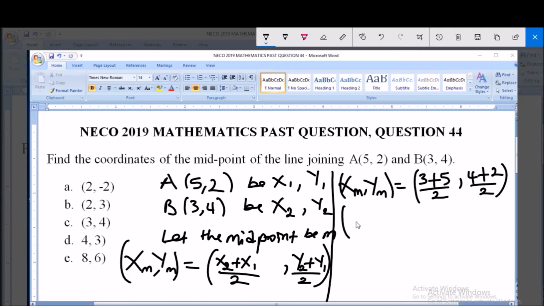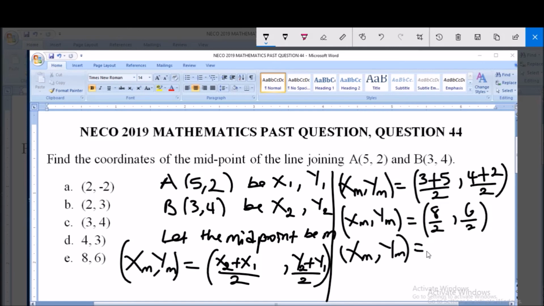So we have that the coordinates of the midpoints xm ym is equal to 8 all over 2, comma 6 all over 2, and so therefore xm comma ym is equal to 4 comma 3, and this is the coordinate of the midpoints, 4 comma 3, and that is Option D, 4 comma 3.